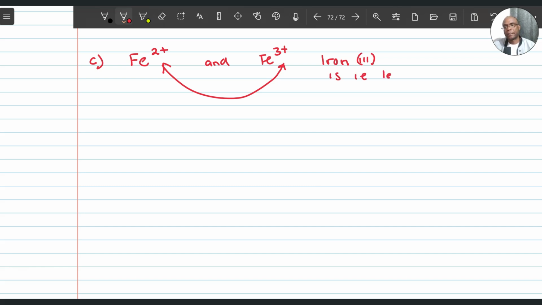Now let's compare iron 2+ and iron 3+. Just based on the charges, you can tell that iron 3+ has one electron less than iron 2+. The greater the positive charge, the fewer electrons present.